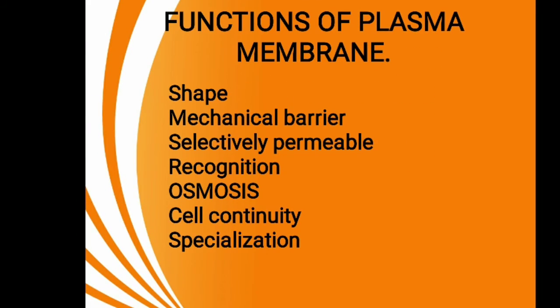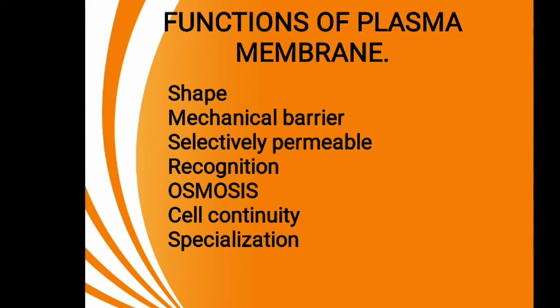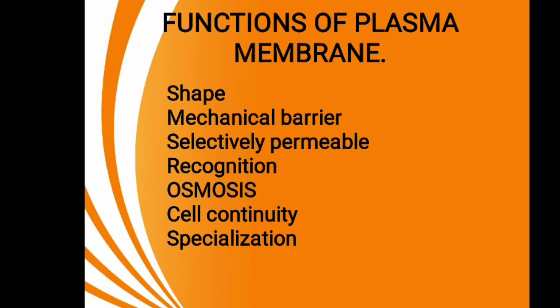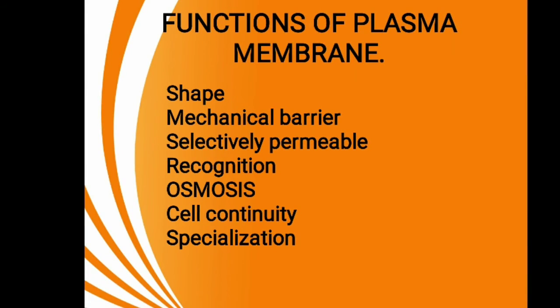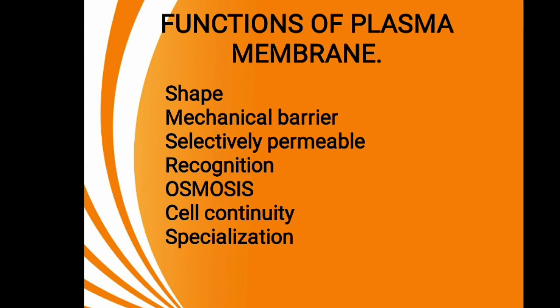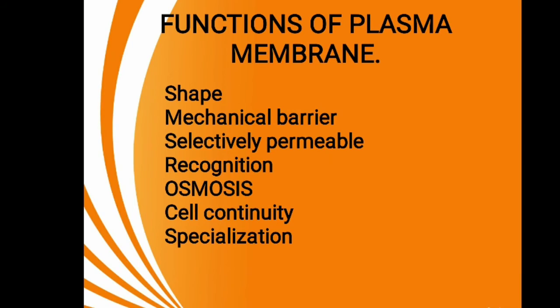Coming to the functions of plasma membrane, the major function of plasma membrane is providing a definite shape to the fluid contents which are present inside the cell. It also acts as a mechanical barrier and protects the internal contents of the cell. And the membrane determines what substances are to be allowed entry or exit from the cell.